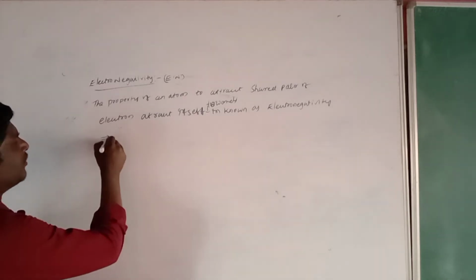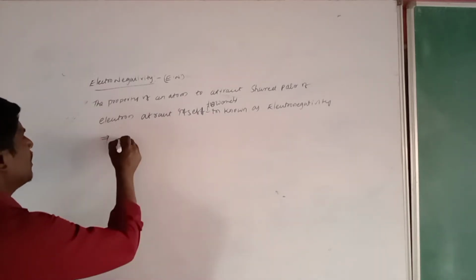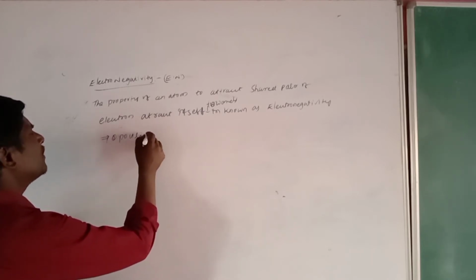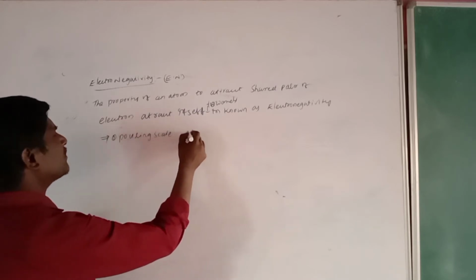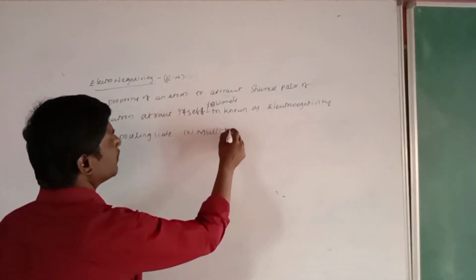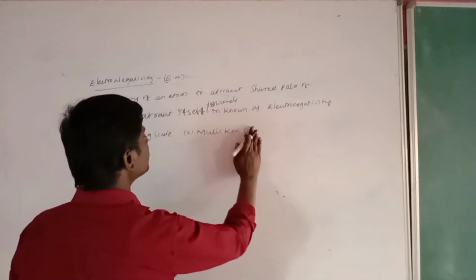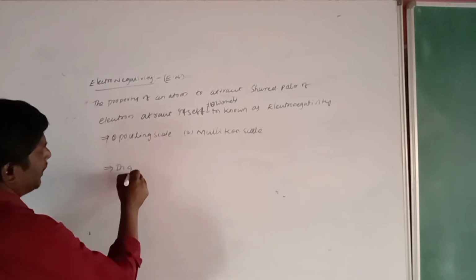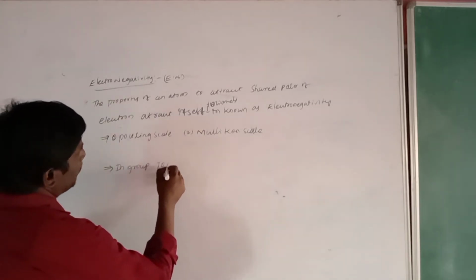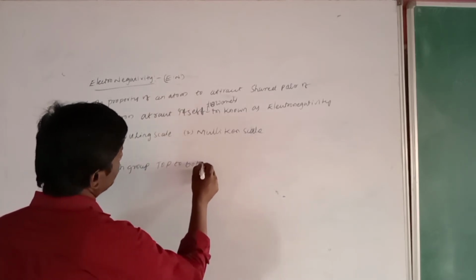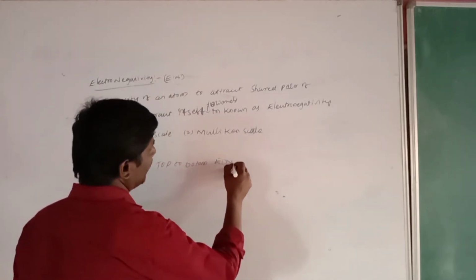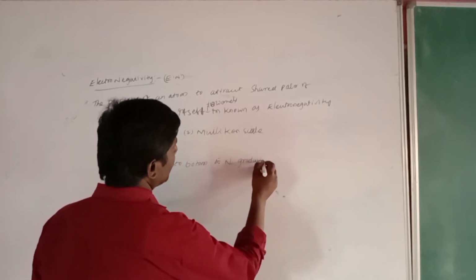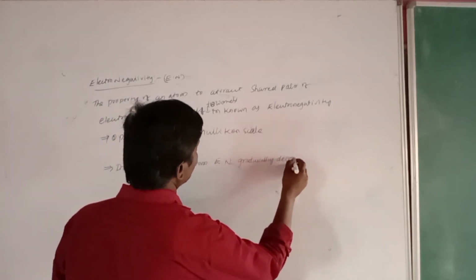Electronegativity is calculated on two types of scales. One is the Pauling scale and the second is the Mulliken scale. Now in a group, top to bottom, electronegativity gradually decreases.